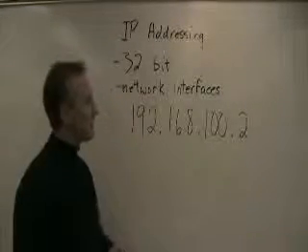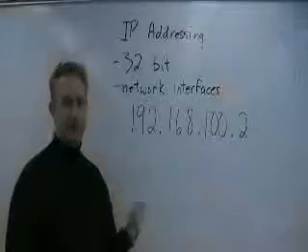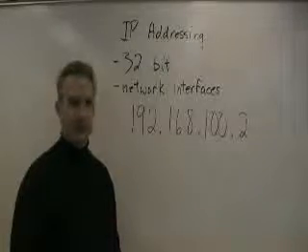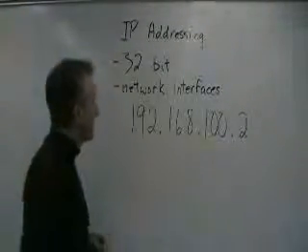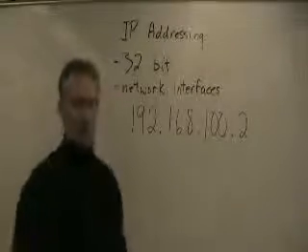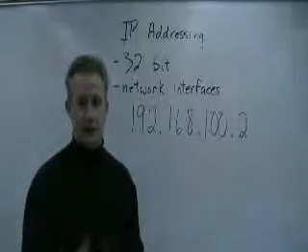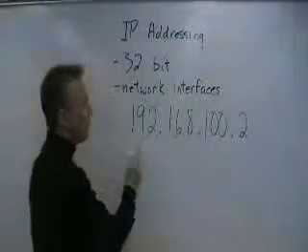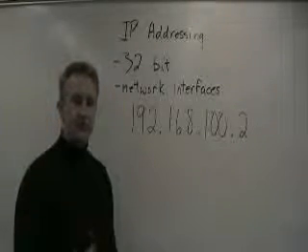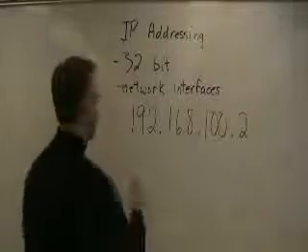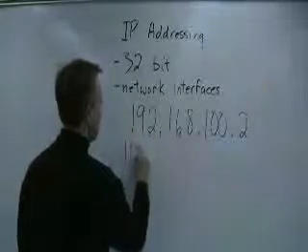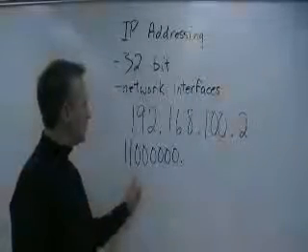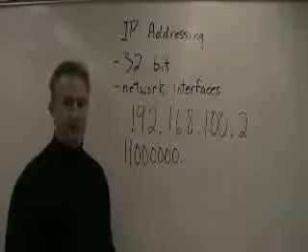Now I can see that a little more clearly if I actually convert the address from decimal format to binary format. And it's important that we know how to do this. We can look at doing that. To do the conversion, all we do is do a binary conversion with each individual number. So for example, 192, if I convert that into 8-bit binary, I get 11000000.